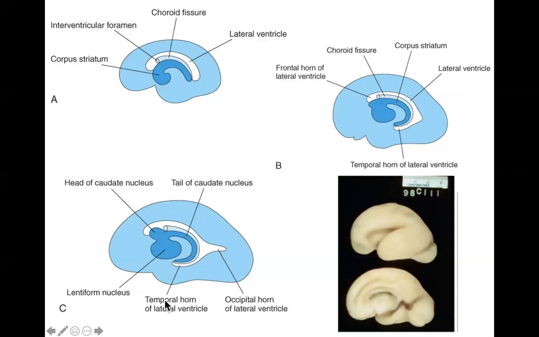The problem is we're not done developing. We still need more surface area for cortex. We have many, many neuron cell bodies that still need to be proliferated and developed. And the head can only get so big and still go through a birth canal. So what's the solution? Well, the brain starts to form these gyri and sulci.